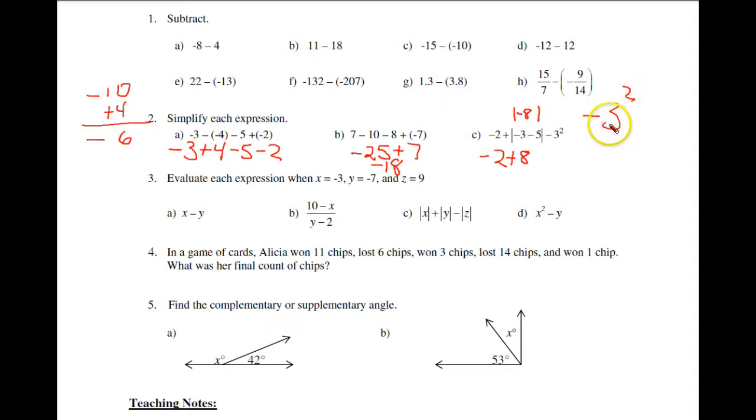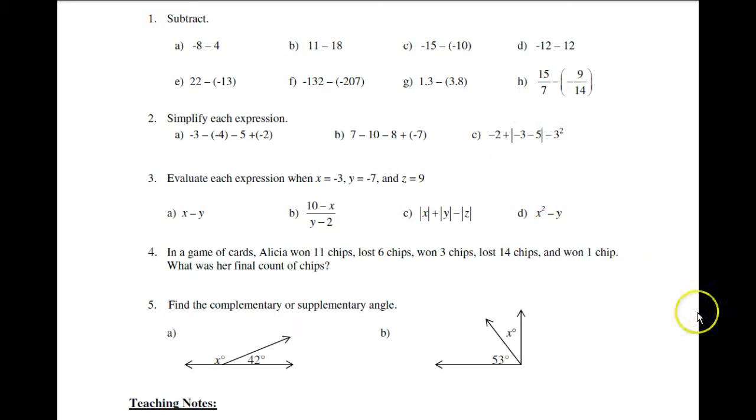What is the base here? The base is only the 3, not the negative sign. So whatever we get when we square 3, it's going to be negative, and 3 times 3 is 9. So we get here then a negative 11 plus 8 leaves us with a negative 3. And I checked all of these and they are correct. Remember, the answers are below.